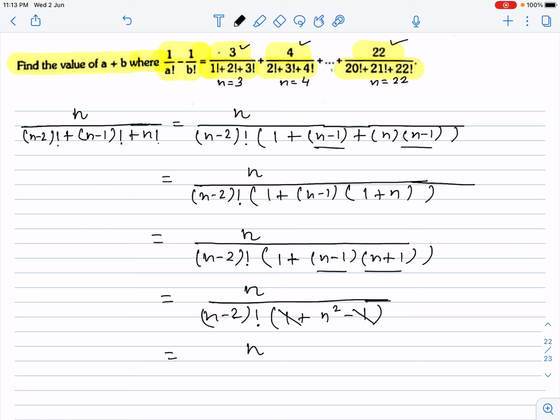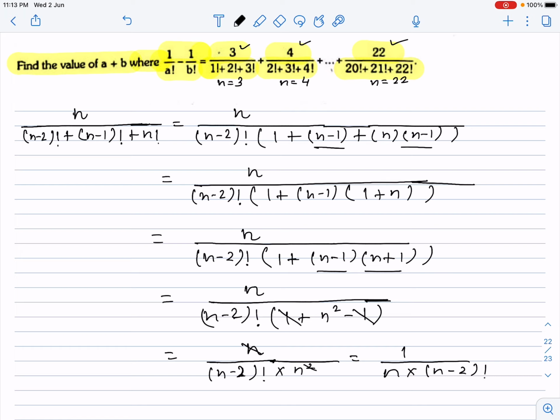So further simplification when we'll be doing, n minus 2 factorial we have in denominator multiplied by n square we have. So n will be cancelling n from the denominator. Further simplification when we'll be doing, 1 divided by n multiplied by n minus 2 factorial we have.